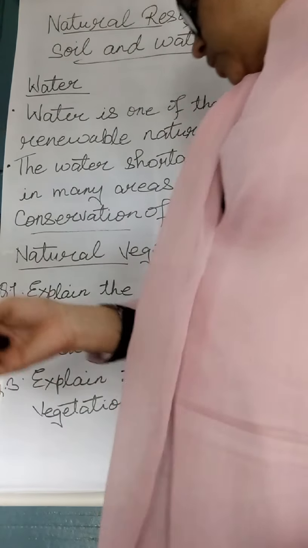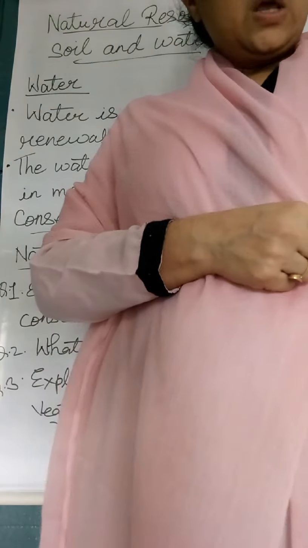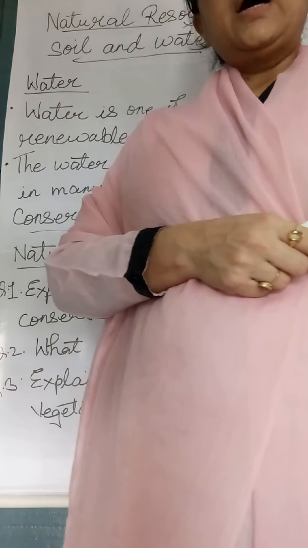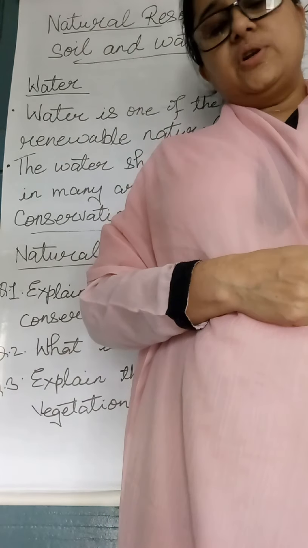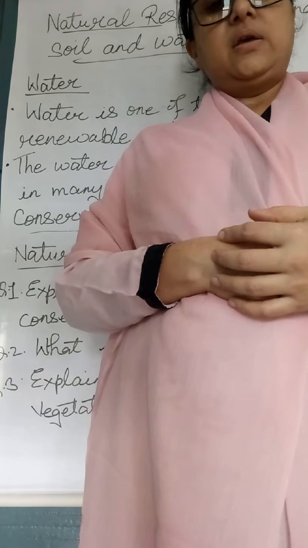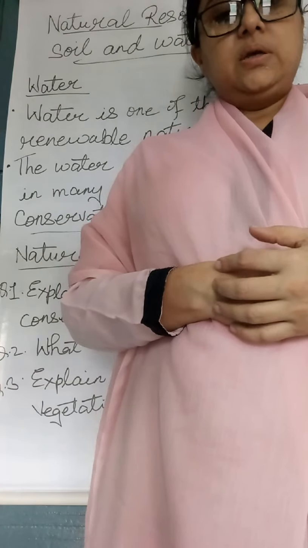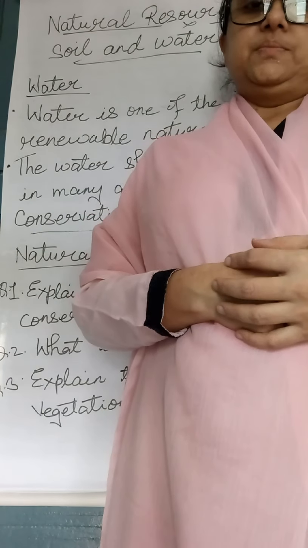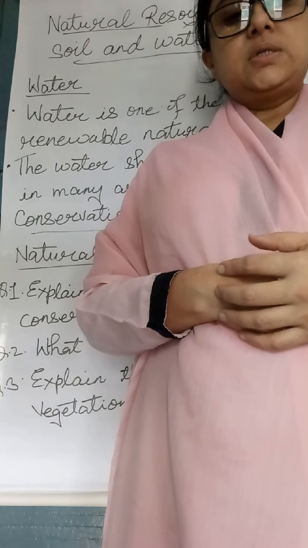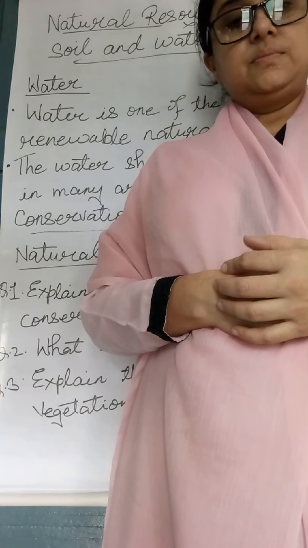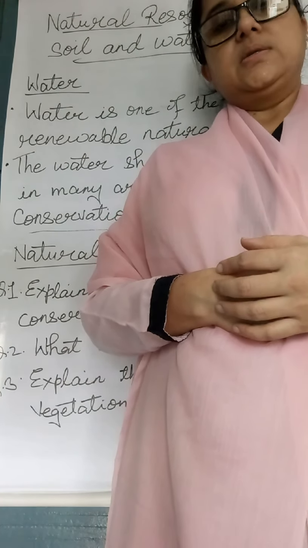Now, natural vegetation and wildlife. Now, what is natural vegetation? The natural vegetation of an area means plants that grow naturally in that area. Large parts of the world's vegetation have been modified by human activities.